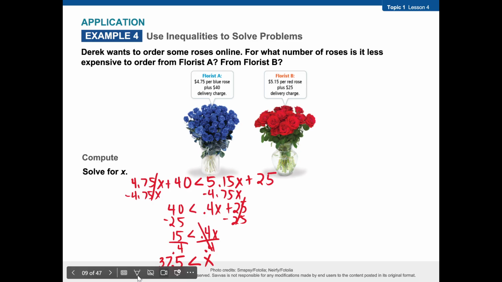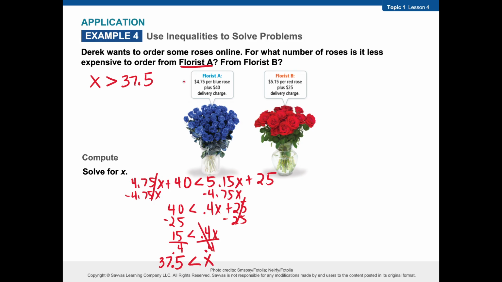So 37.5 is less than x. Now when you're solving a word problem and your variable is on the right, to answer the question, flip it completely around, and florist A will be less expensive when x is greater than 37.5 roses.